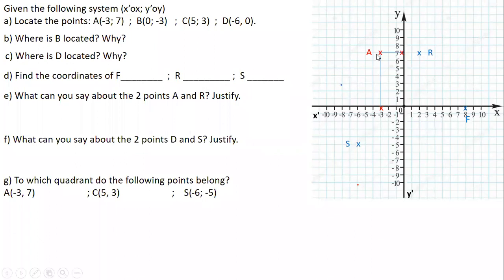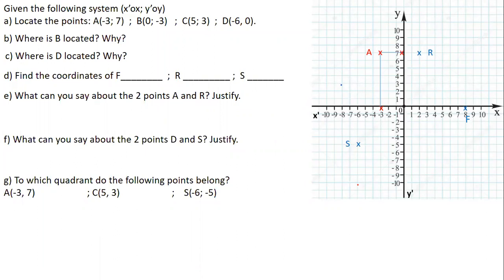Now I want to go to Karam. Yes, miss. Point B, (0, -3). What do you notice at point B, Karam? It has a 0 abscissa, right?